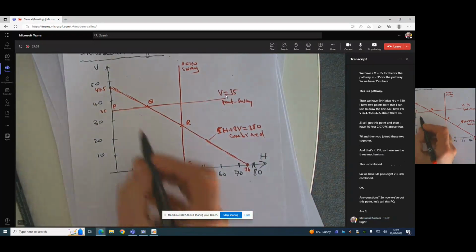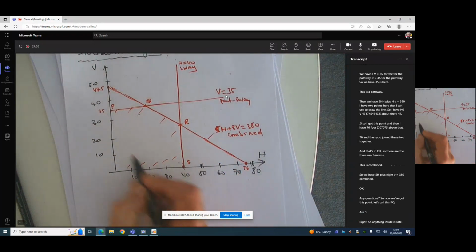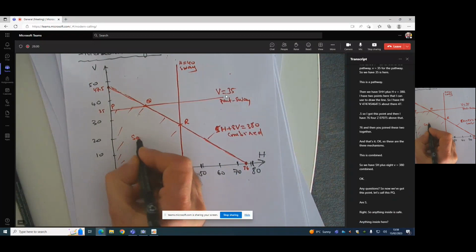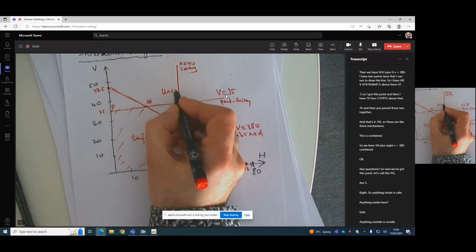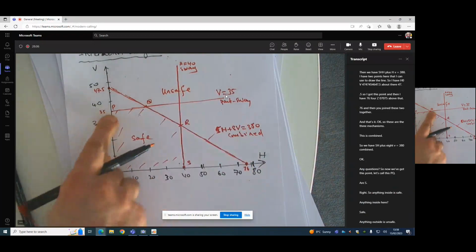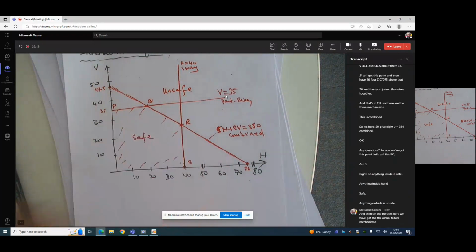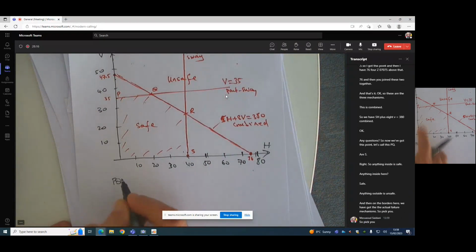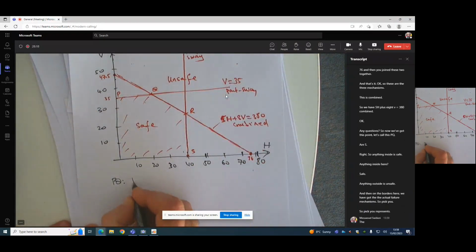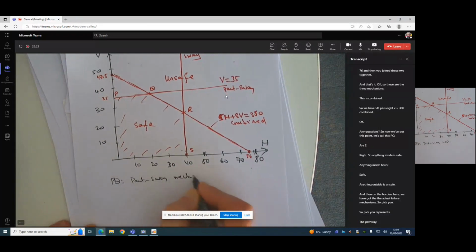Right? So anything inside is safe. Anything inside here, safe. Anything outside is unsafe. And then on the borders here, we have got the actual failure mechanisms. So PQ represents the pathway mechanism.